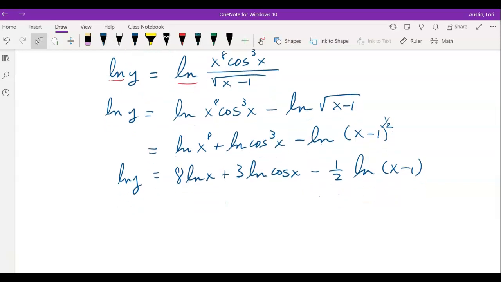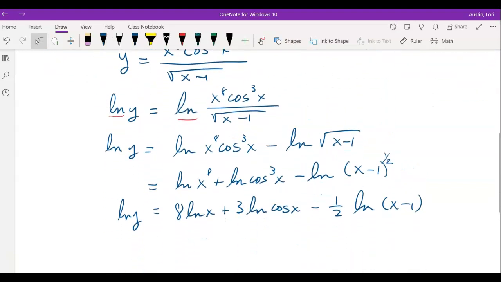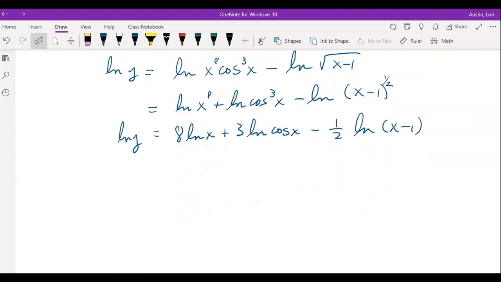Now that I've done that, remember what our goal is. We want to take the derivative. So let's go ahead and use implicit differentiation and take the derivative. In other words, I want to find dy/dx. So let's start with the derivative of ln of y.